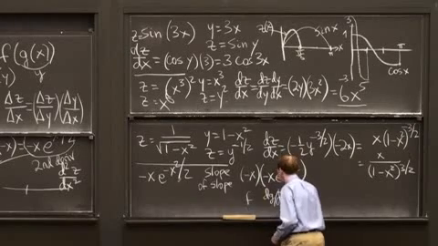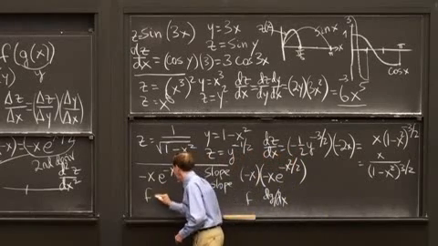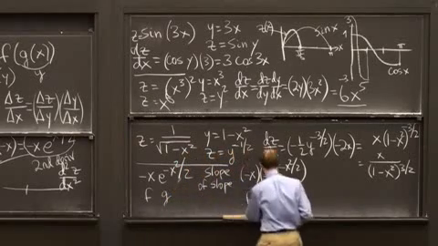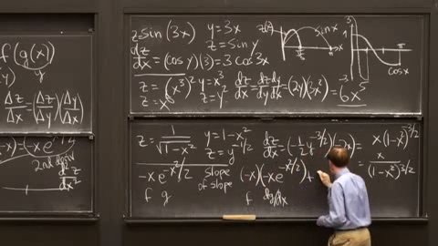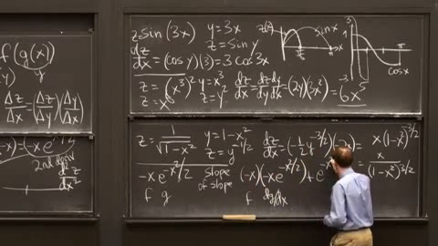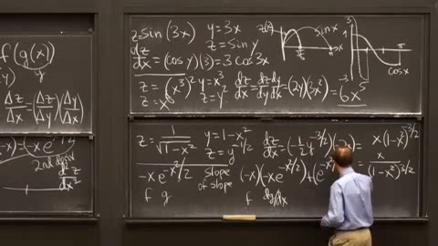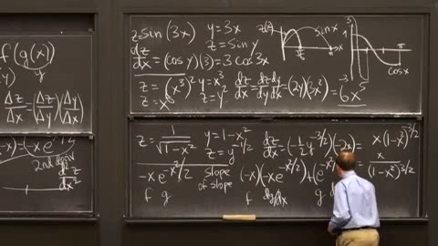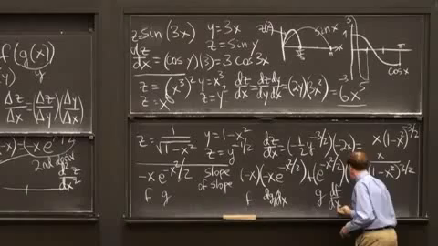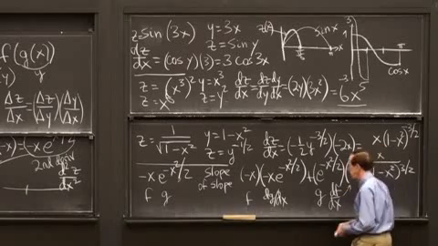Here's a product of f times g. So f times dg dx, and now I need g times, this was g, and this is df dx. What's df dx?